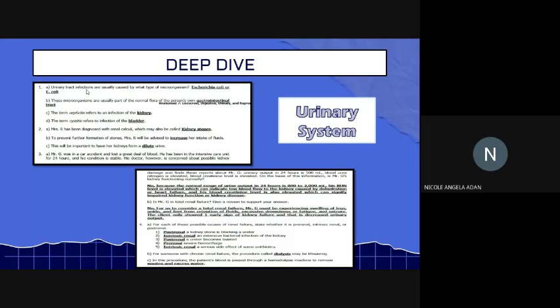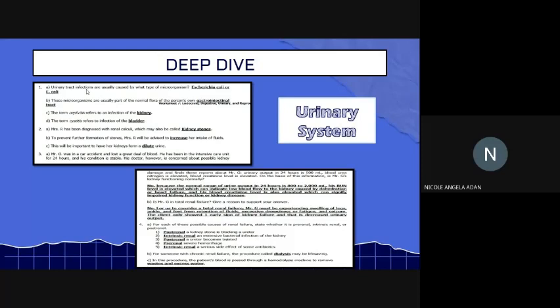Number 4, for each of these possible causes of renal failure, state whether it is prerenal, intrinsic renal, or postrenal. Number 1, a kidney stone is blocking a ureter. It is postrenal.